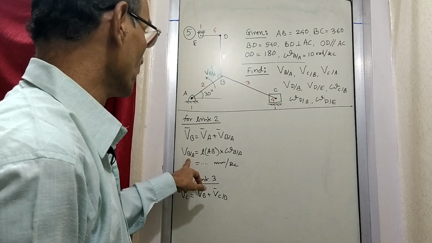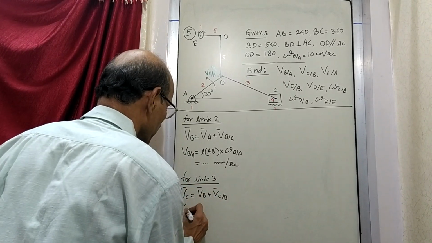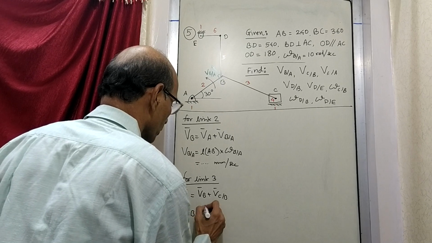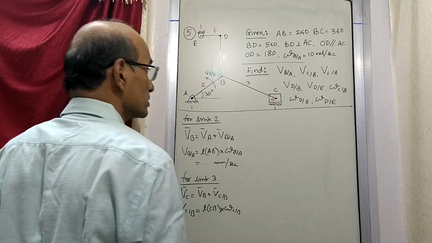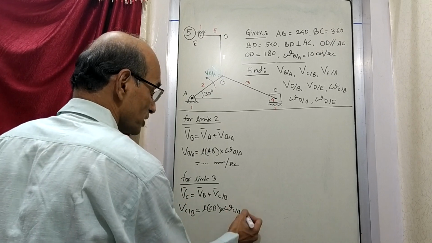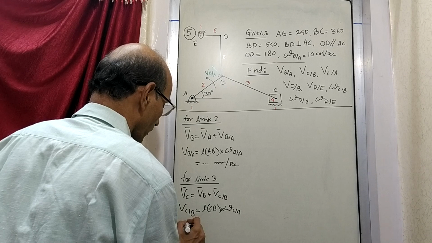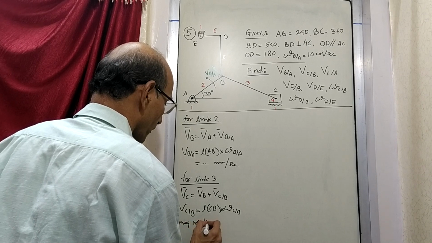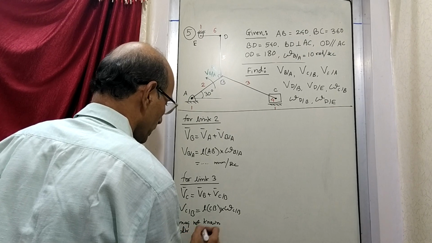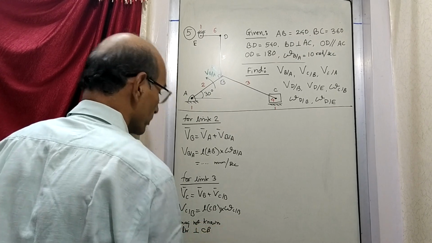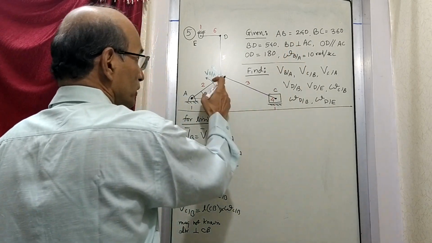Now out of that, velocity of B is already there, and the other one, velocity of C relative to B, is given by length CB into the angular velocity of C with respect to B. Since this is not known, the magnitude you will not be able to find out. But the direction is perpendicular to CB, like this. So that is velocity of C with respect to B.